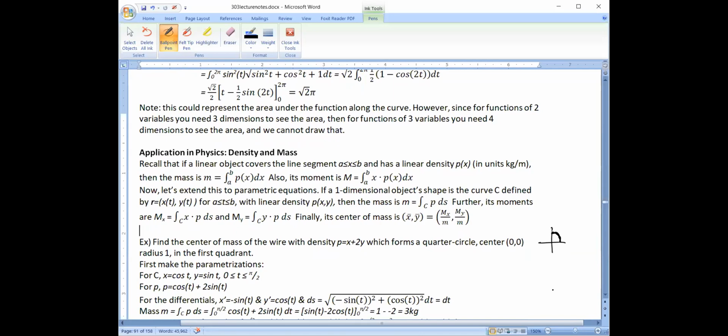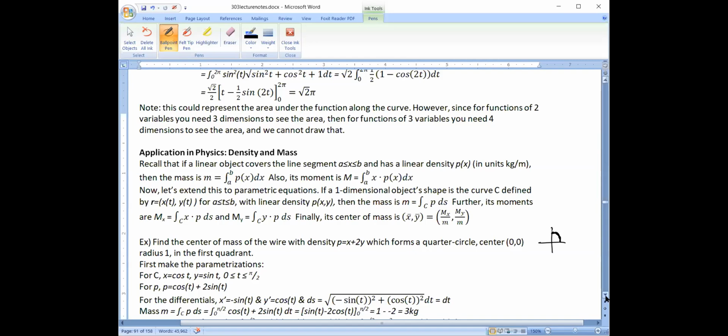And then rewriting ds, we know it just simplifies to dt. And now you can do the integral. Integrating, you get sine t minus 2 cos t. Plug in from 0 to pi over 2, and that works out to 3. And because we're finding a mass, that's 3 kilograms.